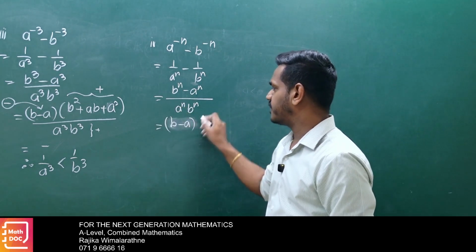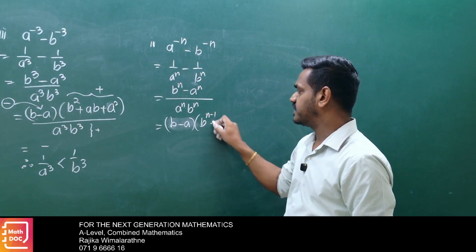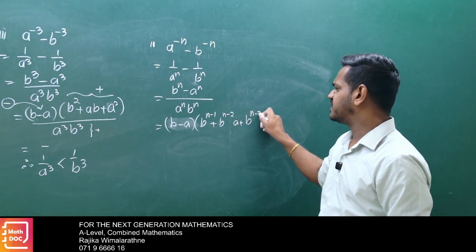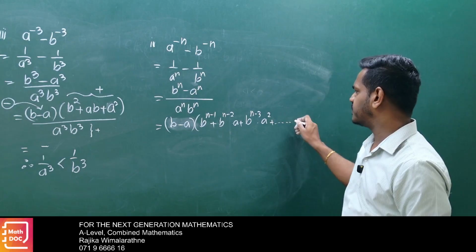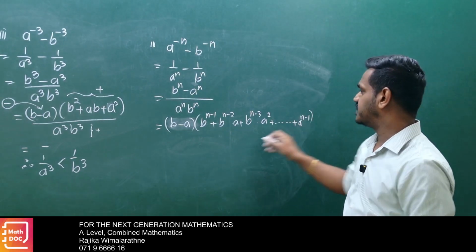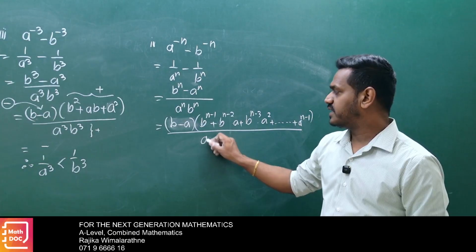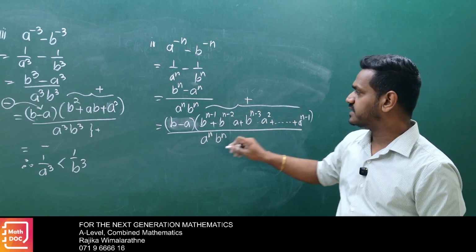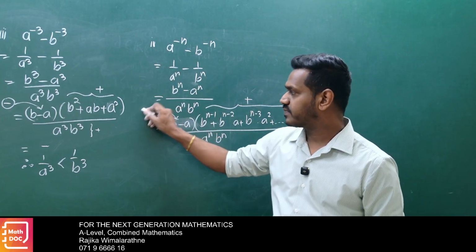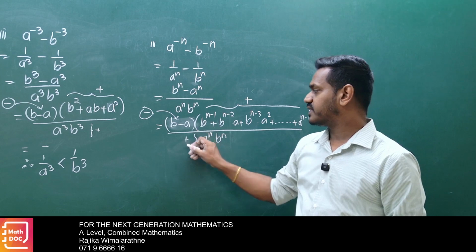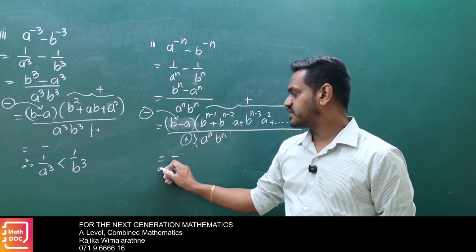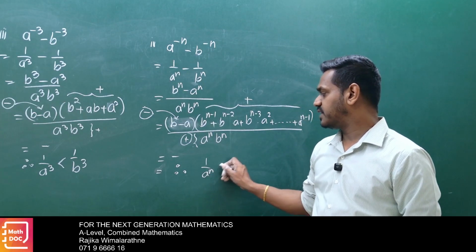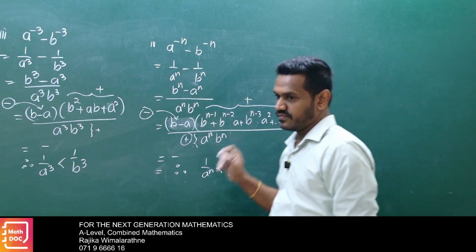Start with b to the power n minus 1, b to the power n minus 2 times a, b to the power n minus 3 times a square, it goes on, a to the power n minus 1, over a to the power n, b to the power n. You identify the pattern here. This is positive always, and here this part negative, and this is positive. Then full result is negative. So this idea, 1 over a to the power n is less than 1 over b to the power n. Likewise you can prove.